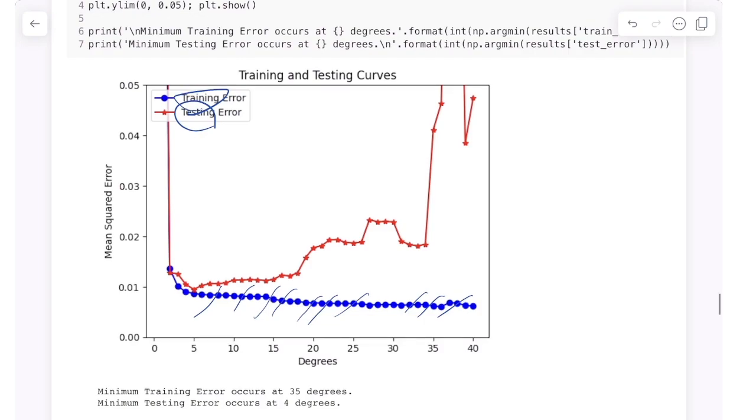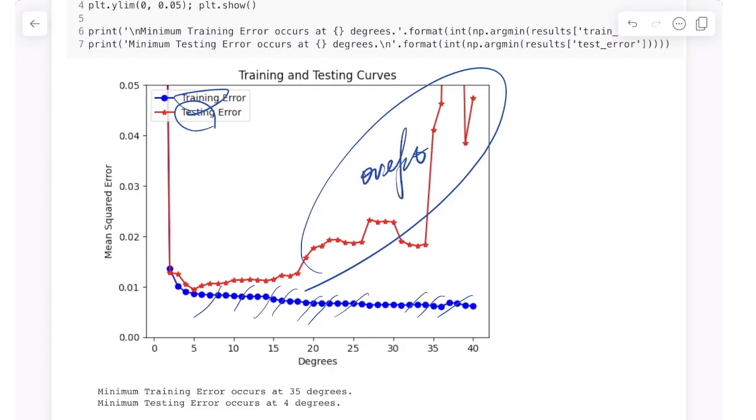So using testing data or validation data, you can see that there is overfit, and the proper value should be right here, something like this one. And here we have underfit. That means your model has too few parameters to model your data.